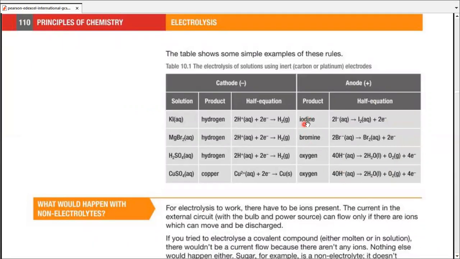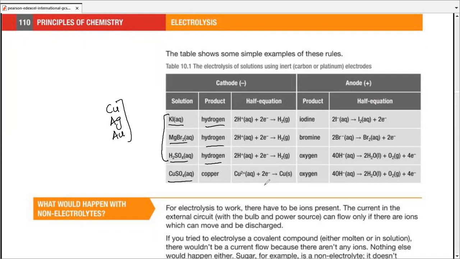So take a look at these rules. We are going to go with potassium iodide aqueous or magnesium bromide or sulfuric acid or copper sulfate. Take a look. With all of these, as they do not contain copper, silver, or gold, hydrogen is always produced at the cathode.